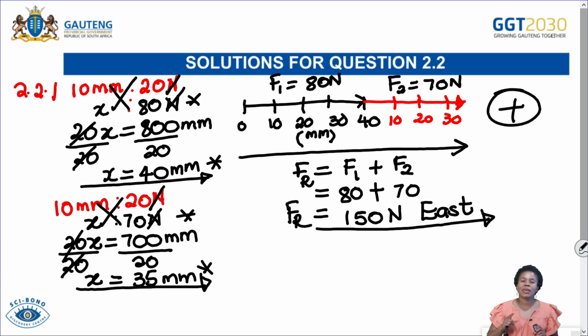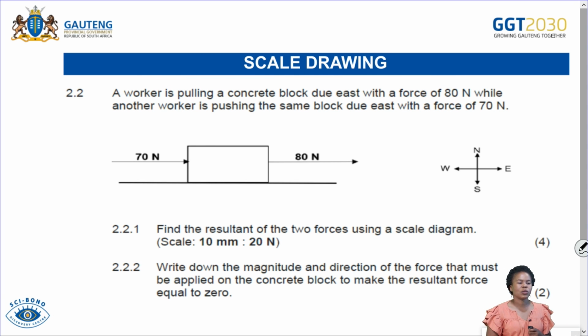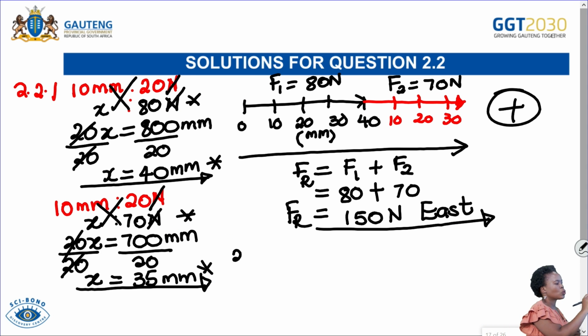However, if we wanted to make the resultant 0, that means all the forces should be in equilibrium. In equilibrium means all of them should be equal to each other in magnitude. Because now we have a 150 in the east, that means our FR, in question 2.2.2, has to be 150 to the west.